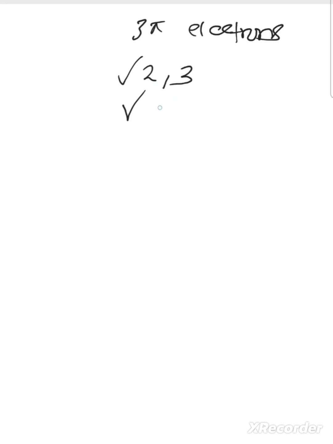Before that, I want you to know that it has 3 pi bonds. These double bonds are found on positions 2 and 3, also on positions 4 and 5, and also on positions 6 and 7. So here, pi bonds, not pi electrons.